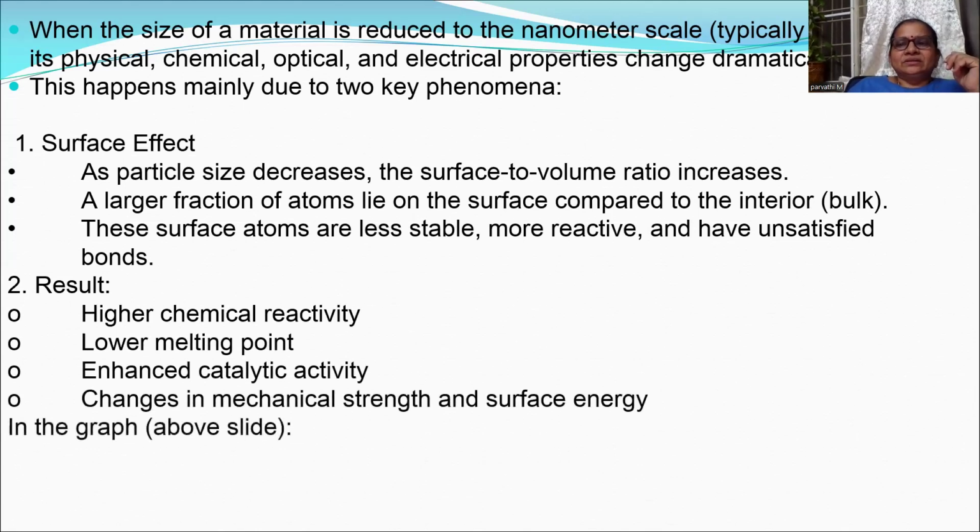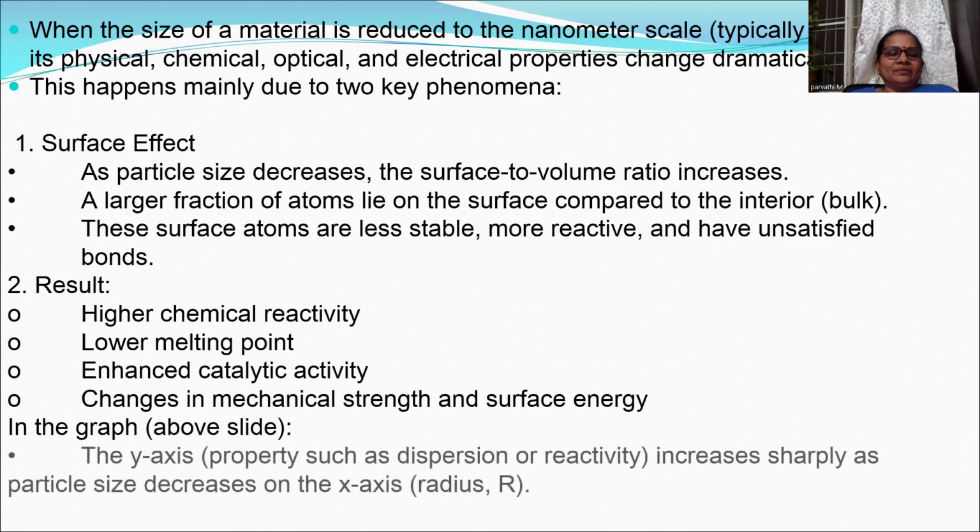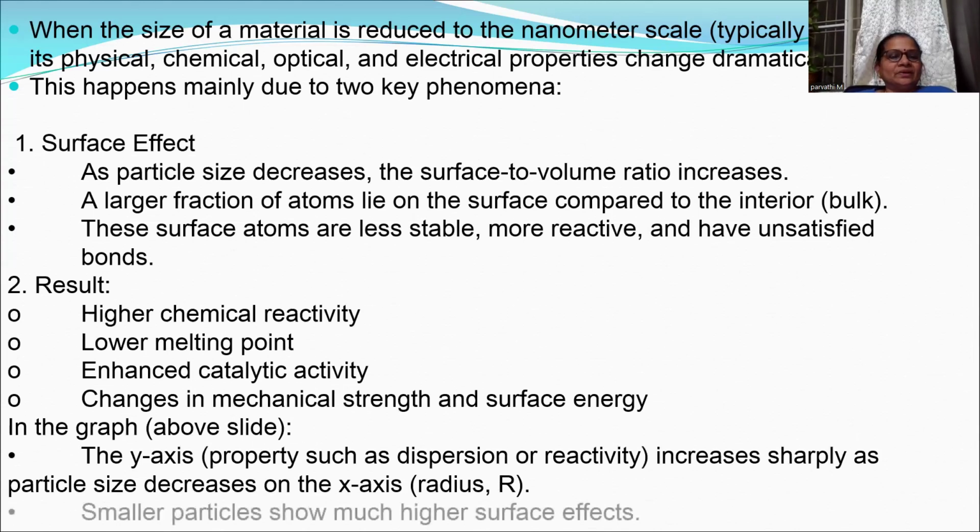All these are important parameters at the nanomaterial, nanoparticle level. From the above slide, properties such as dispersion or reactivity increase sharply as particle size decreases. That we have noticed: smaller particles show much higher surface effects.